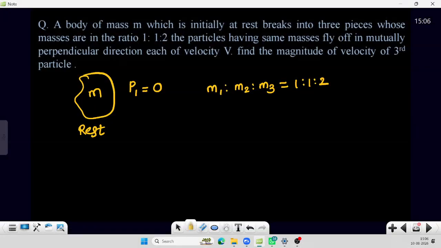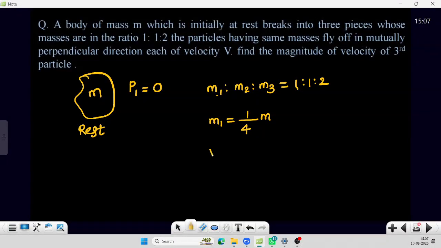So how much is M1? We can apply the ratio and proportion. M1 is 1 by 4 into the total mass M. So M by 4 is the first particle mass.